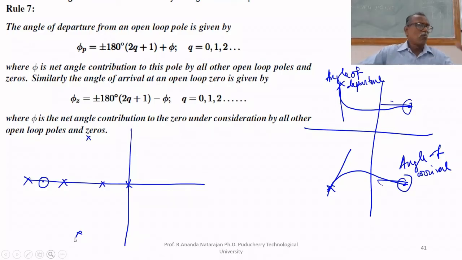All the open loop poles are starting points: pole 1, pole 2, pole 3, pole 4, pole 5 and pole 6. What is the end point? This Z1 is the only end point. So out of 6 starting points, only one ends at the zero. The remaining 5 will go to infinity.